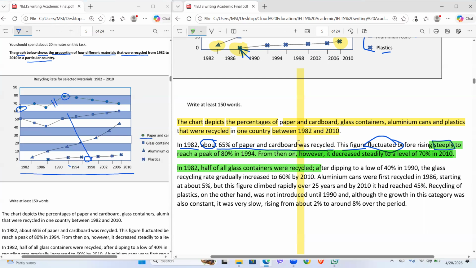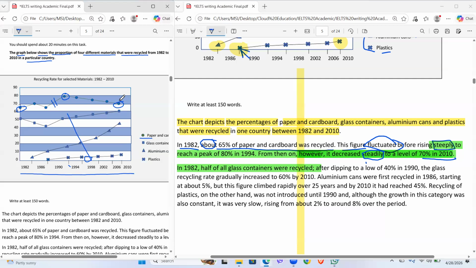Contrasting. Yes, in that situation we can use however. It decreased steadily. How did it decrease? कसरी decrease भएको छ रे? Steadily. त्यो भन्दा अगाडि कसरी increase भएको थियो? Steeply. कसरी decrease भयो? Steadily to a level of 70% in 2010.